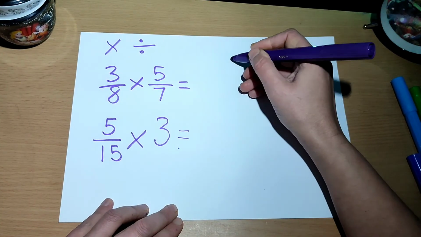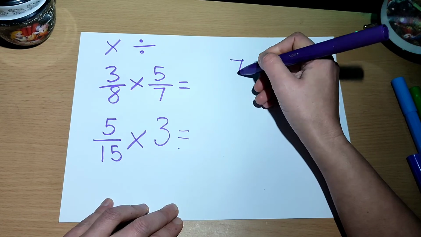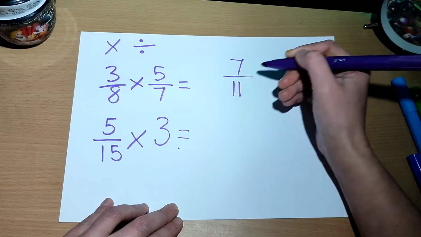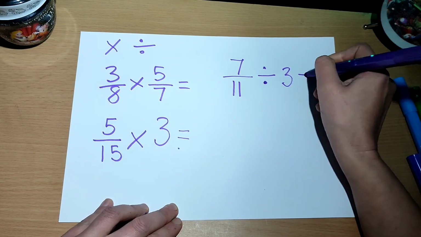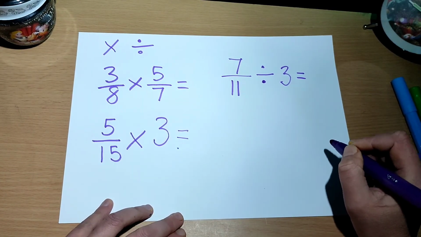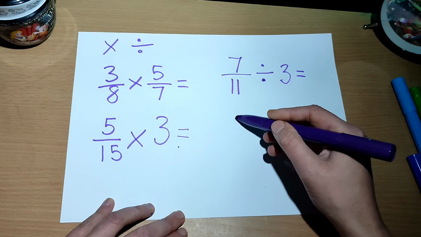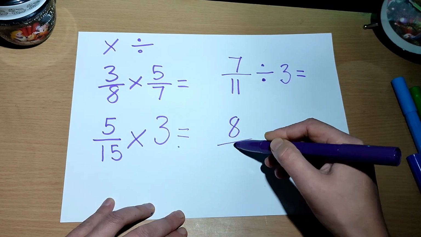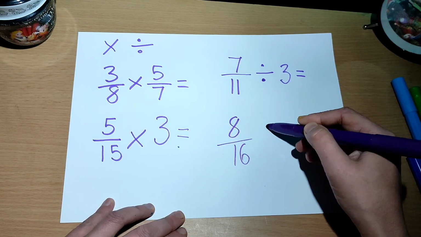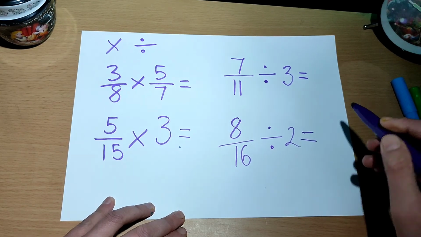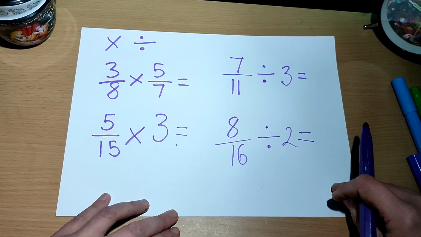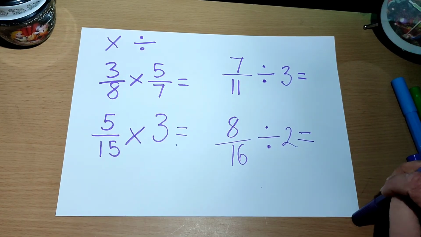Next one: 7/11 divided by 3. And let's have 8/16 divided by 2. Okay, work it out on a piece of paper and write your answers in the comments below if you can.